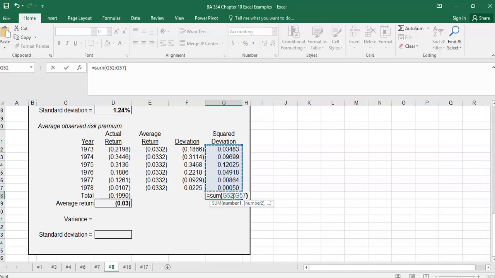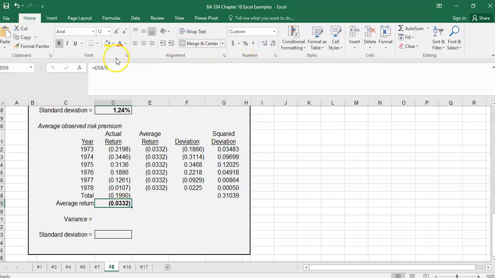Add those all up. And our variance is the squared deviation divided by 5 for this problem. And then we get the square root of the variance for our standard deviation.